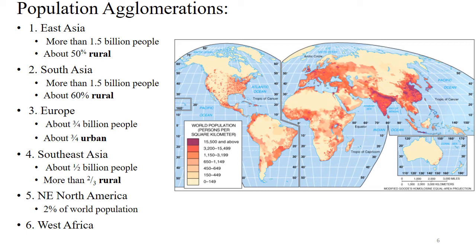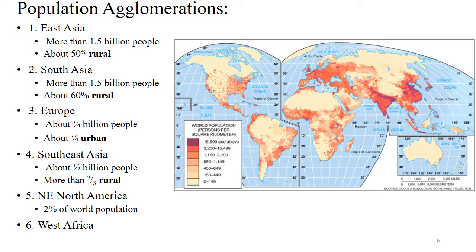So on this slide here, you see some of the same places that you will see discussed in your reading. East Asia, which contains about 1.5 billion people and includes China, the Koreas, and Japan. South Asia, which contains a similar amount of people, over 1.5 billion people. It's mostly people living in a rural situation, but includes places like India, Bangladesh, Sri Lanka, Myanmar.